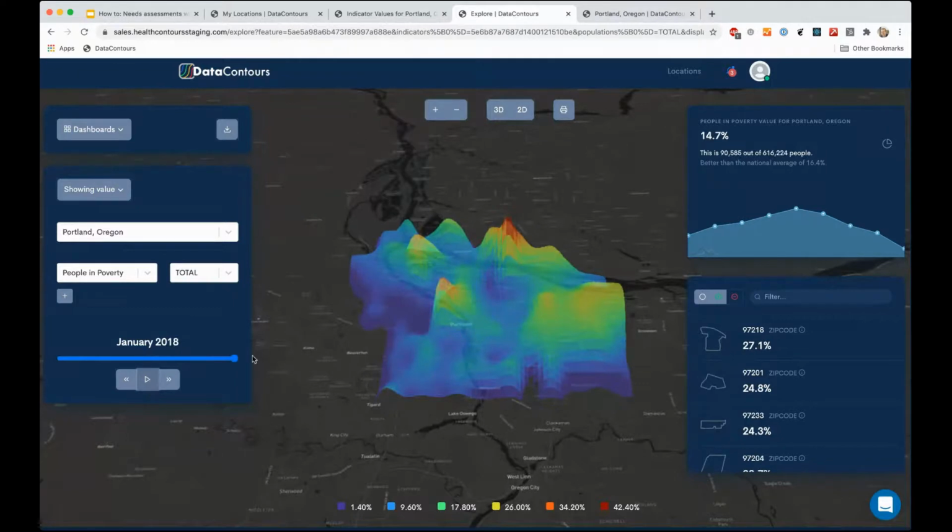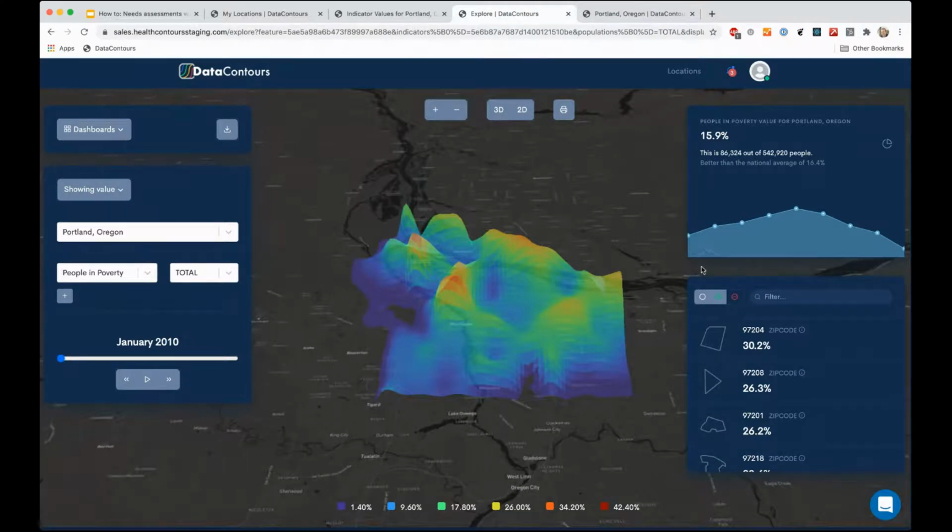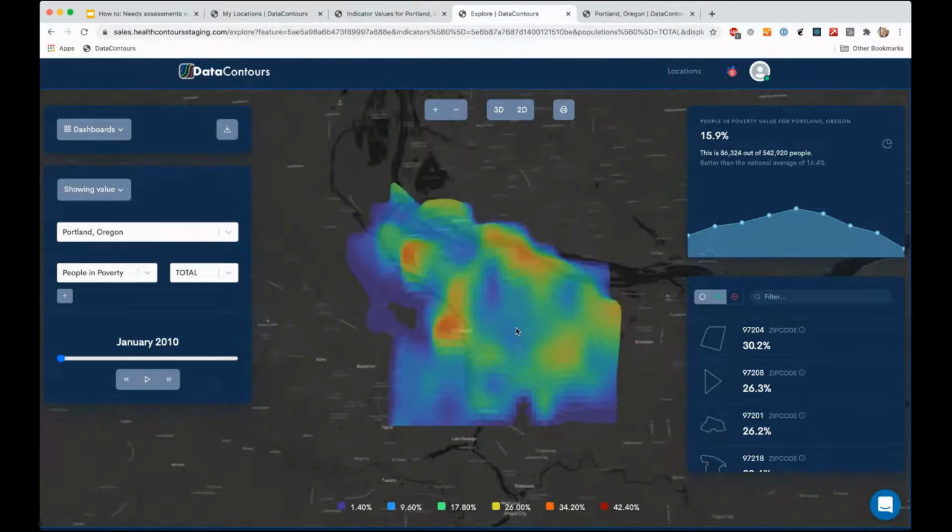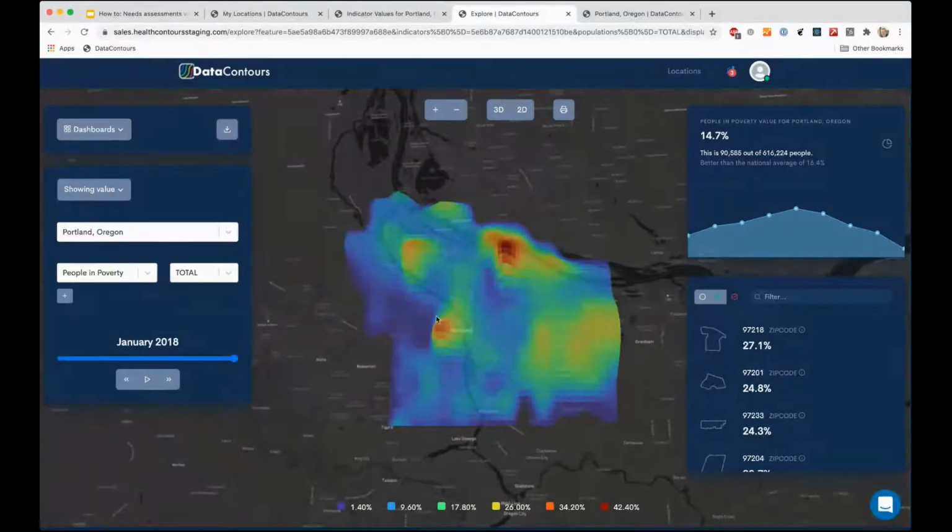And so we can see if we do that, there's actually a really interesting story to tell, which is 10 years ago, poverty rate was about the same, but it was much more generalized within the region. When we look today, we have a couple of hotspots where poverty has gotten significantly worse, even though overall it's gotten better within the region.